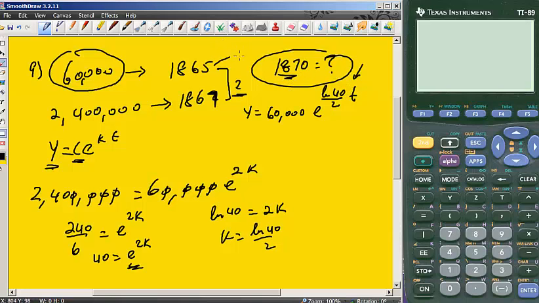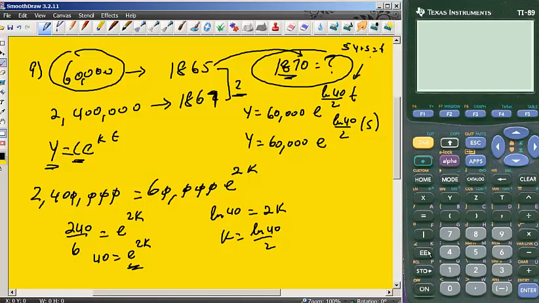So 1865 to 1870 is going to be 5 years. So this is my time, and I can just plug that in right now. So this becomes y is equal to 60,000 e to the (ln of 40 over 2) times 5.